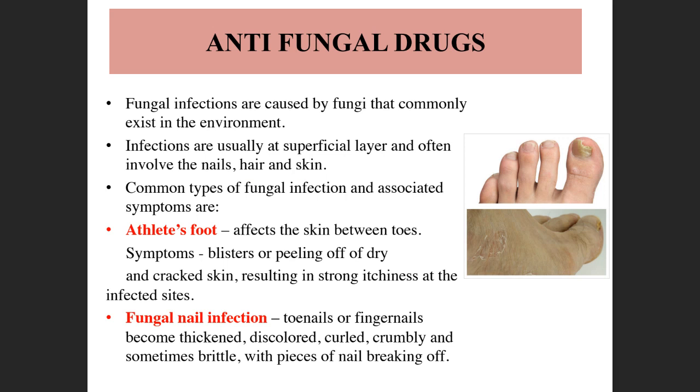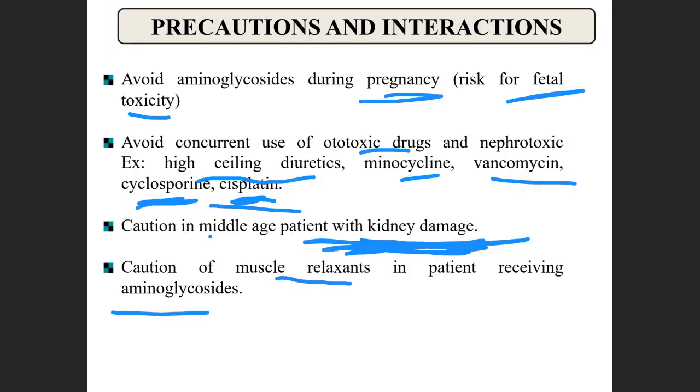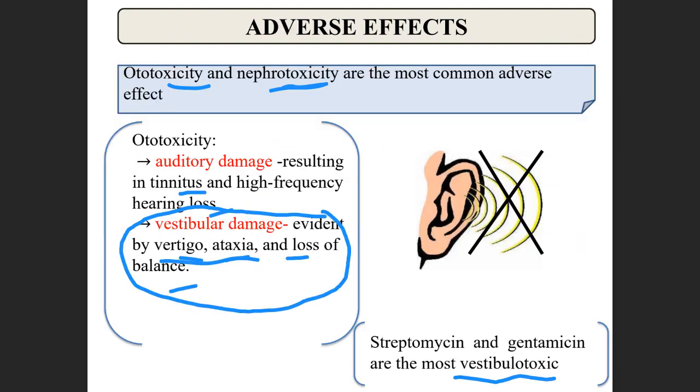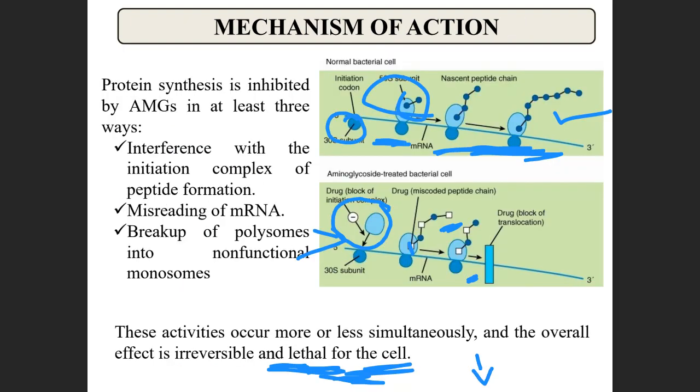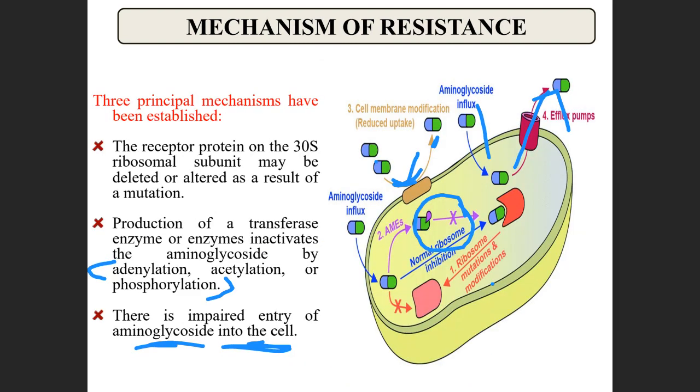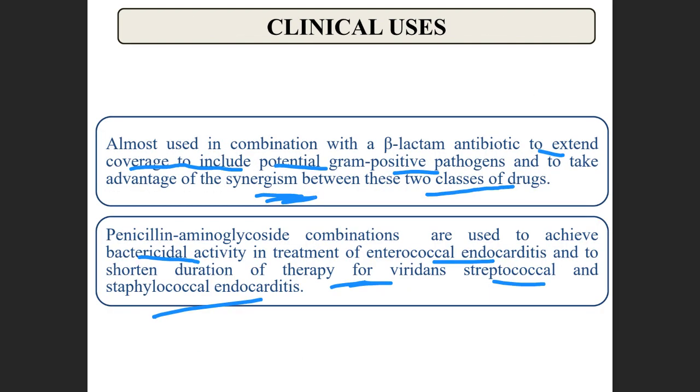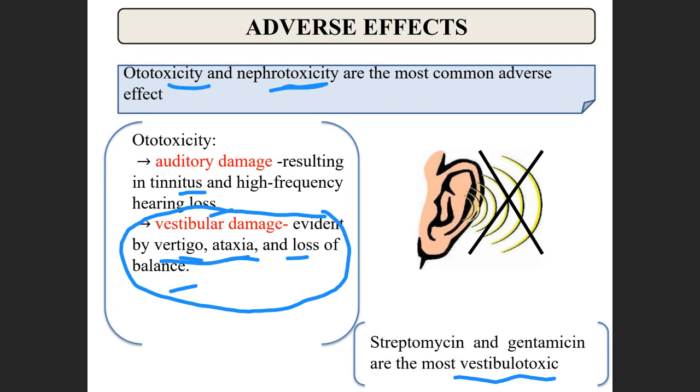The next topic is how these aminoglycosides act, and what the clinical uses and the adverse effects are. Basically, they interfere with the formation of the protein chain, inhibiting protein synthesis by 3 different mechanisms, with resistance developing by 3 different mechanisms, plus clinical uses and adverse effects.